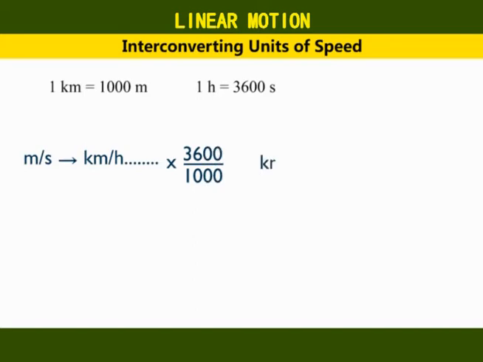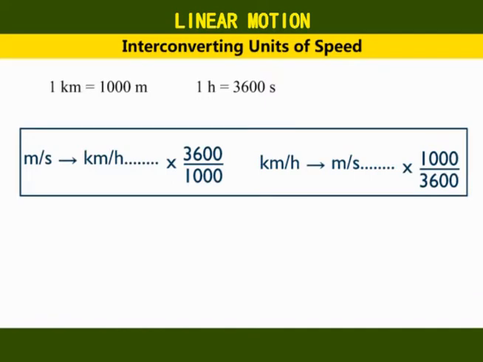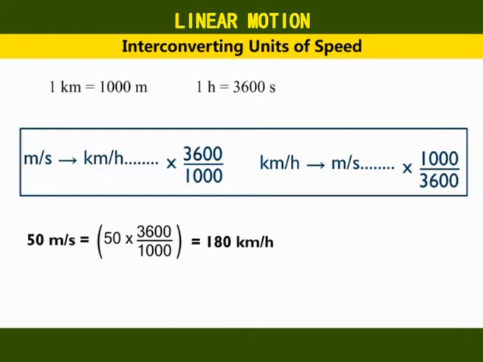And to convert kilometers per hour into meters per second, we multiply by the reciprocal, 1,000 over 3,600. And so 50 meters per second will be equal to 50 times 3,600 over 1,000, which gives us 180 kilometers per hour. 90 kilometers per hour will be equal to 90 times 1,000 over 3,600, which gives us 25 meters per second.